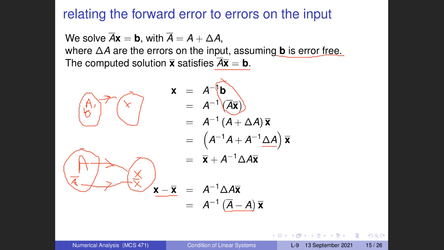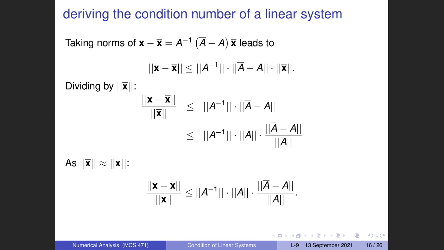And that gets multiplied at the right with the x bar and at the left with the A inverse. And these relationships are all exact, provided, of course, that the inverse exists. So let's now take norms.